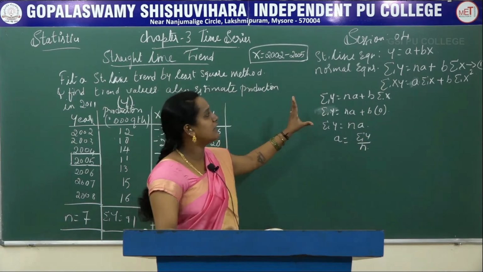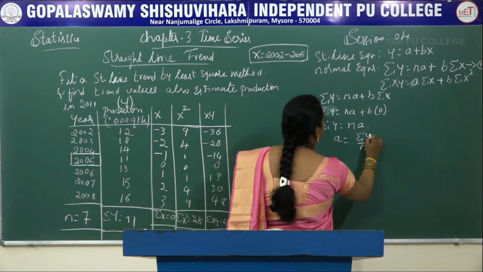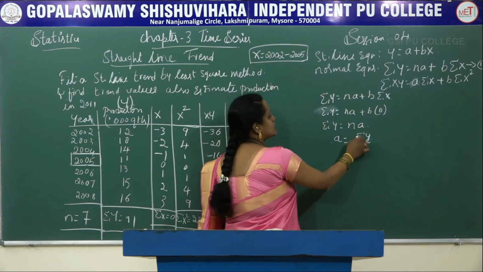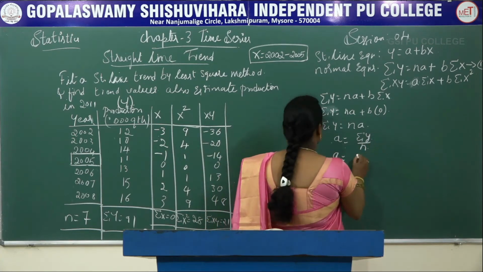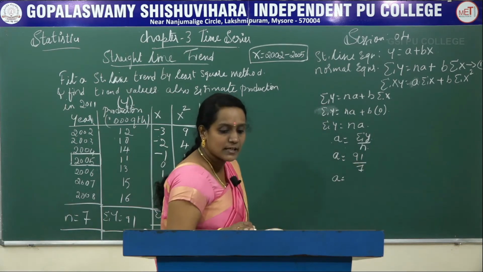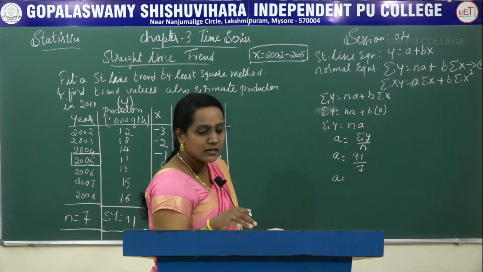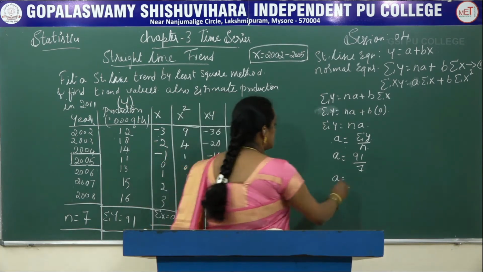By using the first equation, we find the a value: a is equal to summation y by n, where summation y is 91 and n is equal to 7. So our a value is 13.